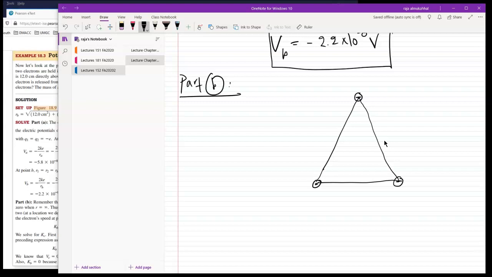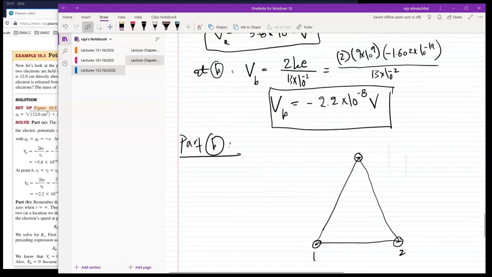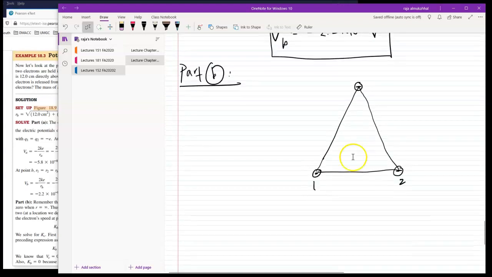So what's going to happen? Well, while I'm holding it, there will be a repulsion between this electron and electron 1, and this electron and electron 2. It's going to look something like that. There is one force, F1, and then there is another one, in this case, this way, F2.